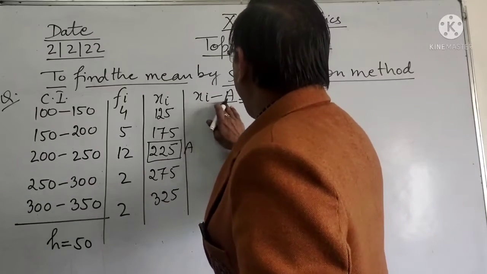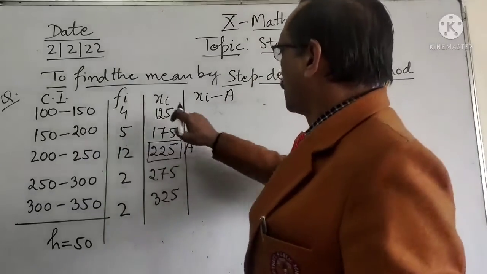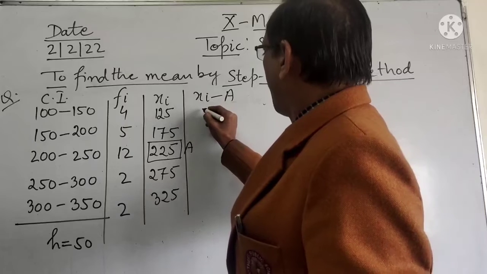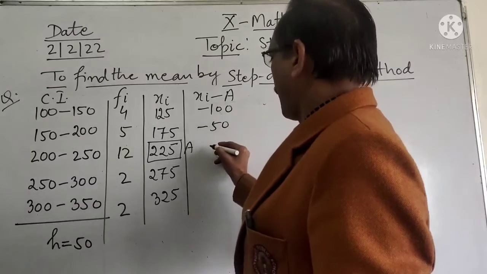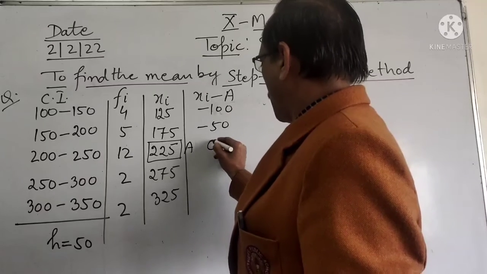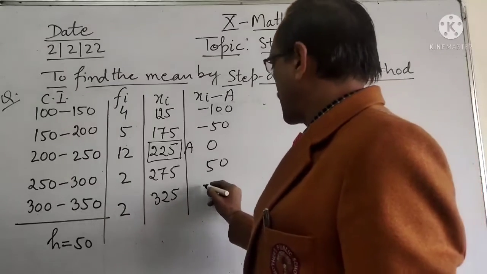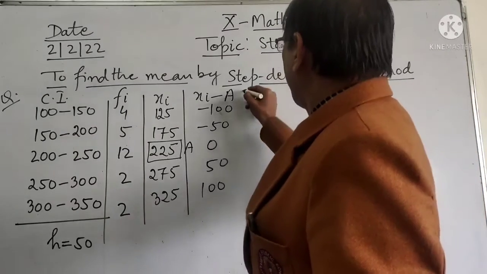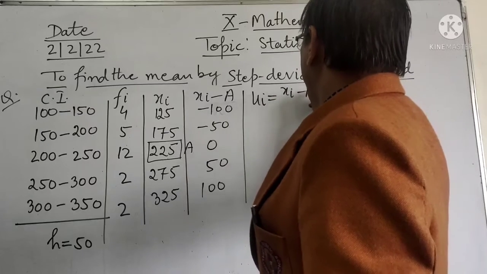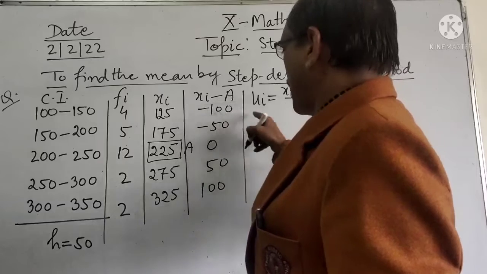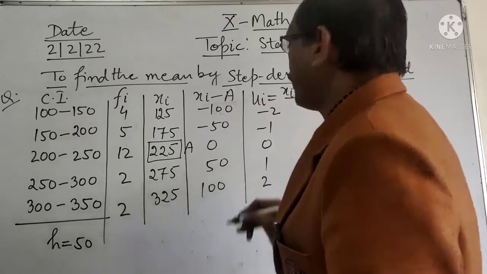First of all we find Xi minus A: minus 100, minus 50, 0, plus 50 and plus 100. Then ui is (xi minus A) upon h, so it is minus 2, minus 1, 0, 1 and 2.